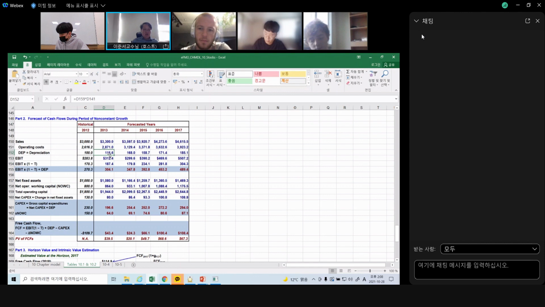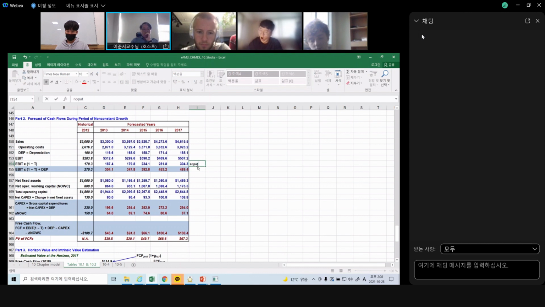Even if we recognize the 116.6 as depreciation, as a cost to calculate the net income in accounting, the 116.6 did not flow out. So still we have the cash, so we need to add back. So this is the EBIT row 154. This is the NOPAT, right?